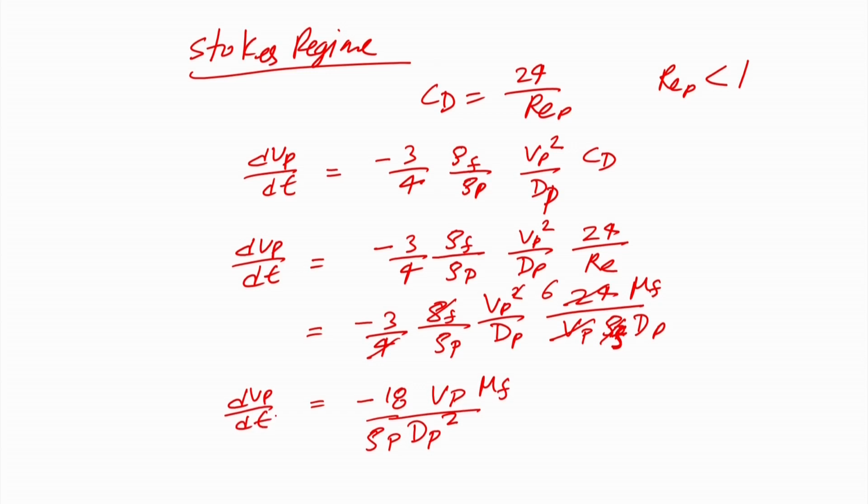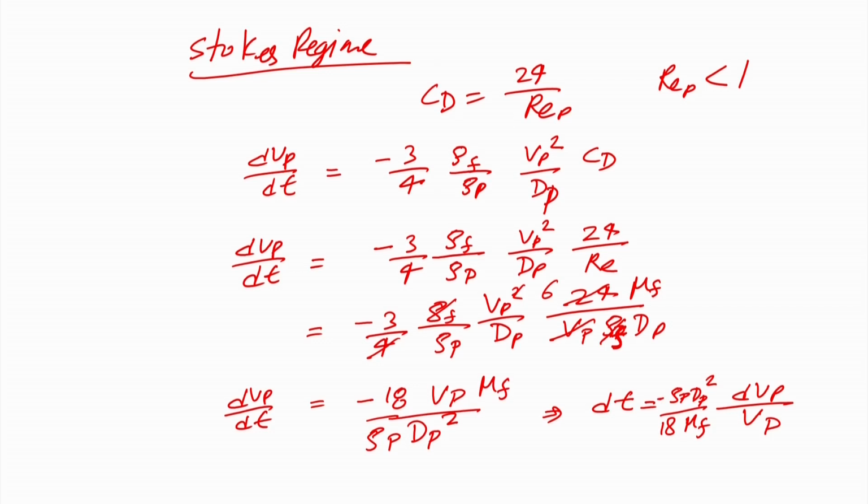So, you can write it in terms of the dt, implies that this dt will be equal to your dVp upon Vp, and this will be equal to rho p into dp square upon 18 mu f. Okay. So, this will be minus, you can do it in this way.